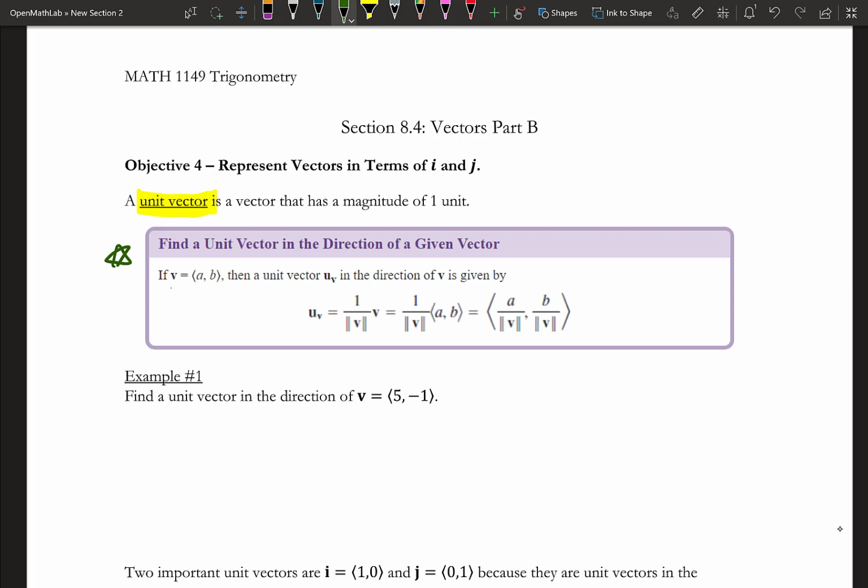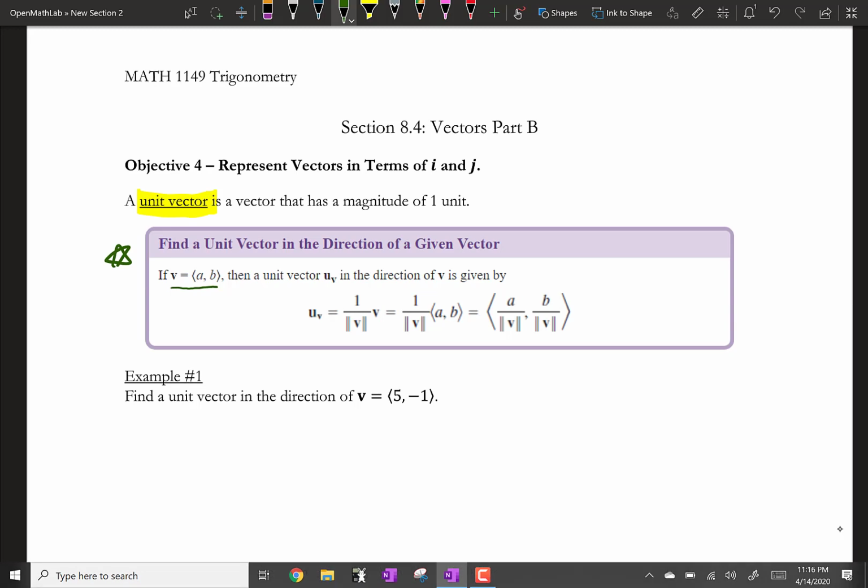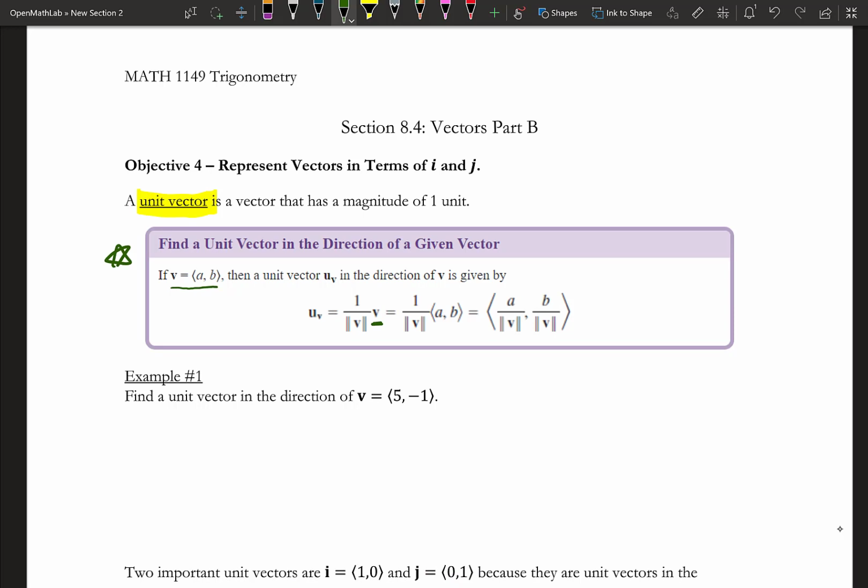If you have a vector v that has the components a, b, then a unit vector, we'll let that be u sub v, in the direction of v is given by the following. Basically what you're going to do is take the vector that you have, v, and divide it by whatever magnitude that is. And that will in turn give us a vector that is in the same direction, but has a length, a magnitude of 1.